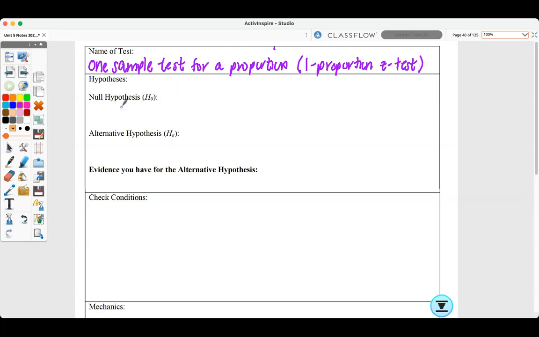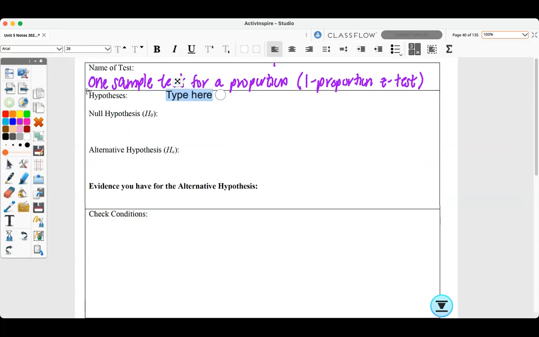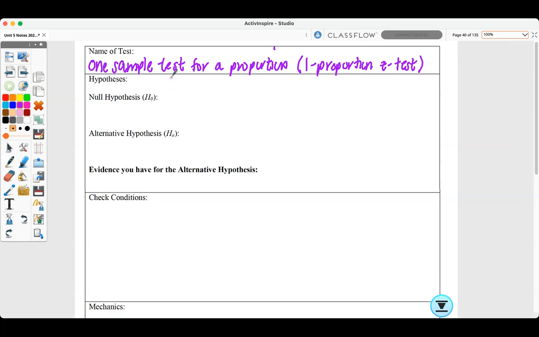So we need to state our null and alternative hypothesis. In order to do that, we need to define our parameter. And our parameter is going to be p, since it's a proportion. And it's the proportion of cereal boxes that contain a movie voucher.